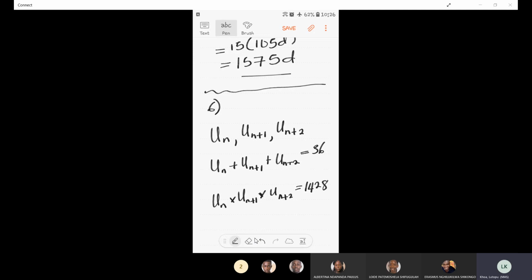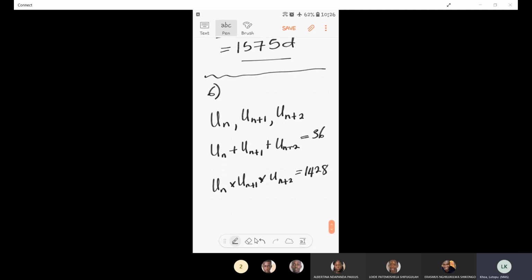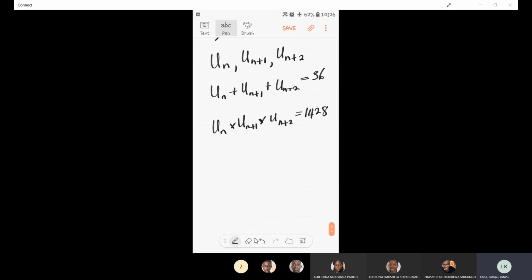Okay, so this one over here, again, we will have to use our simultaneous equations. We know that if we want to work out the nth term, we say un is equal to a plus n minus 1 times d.